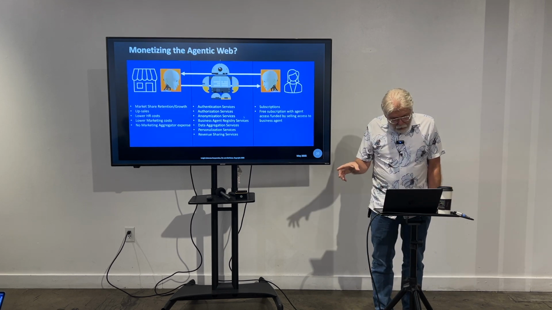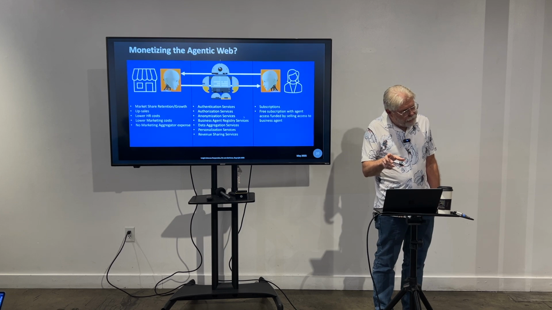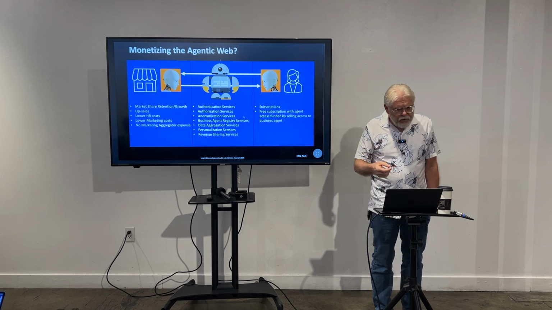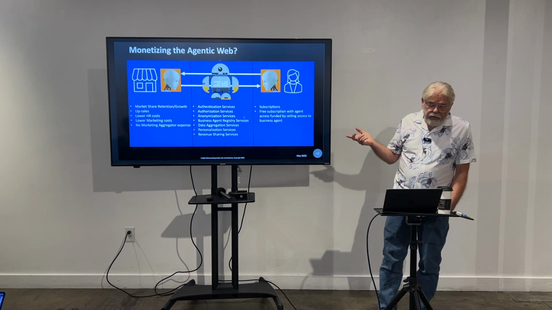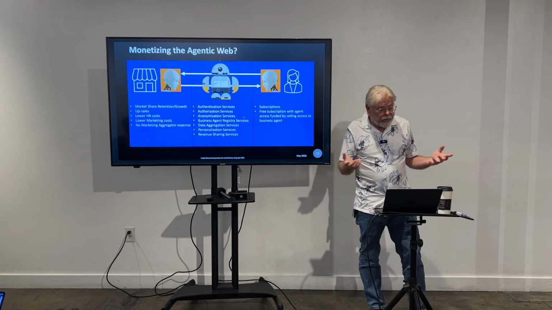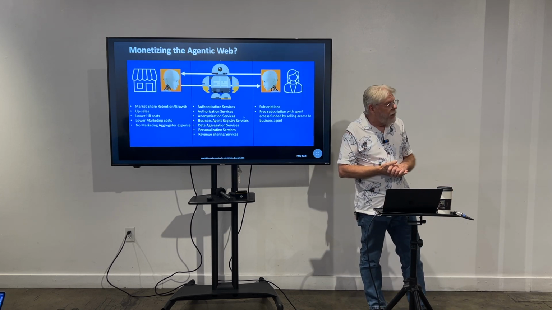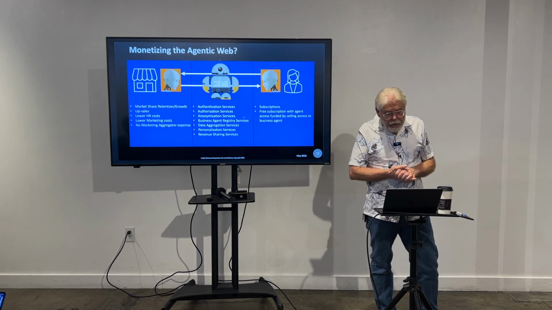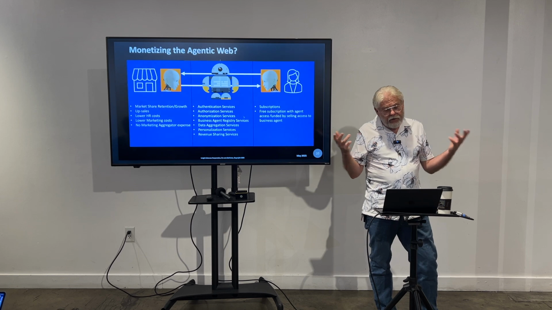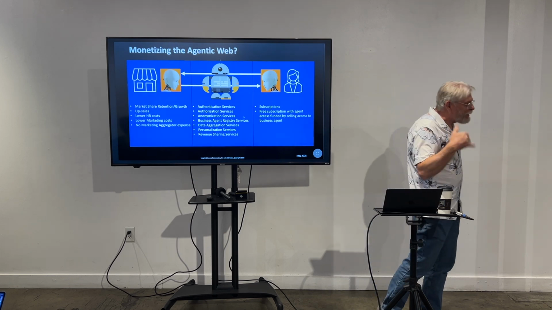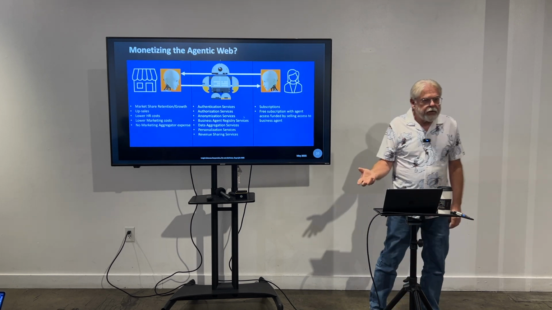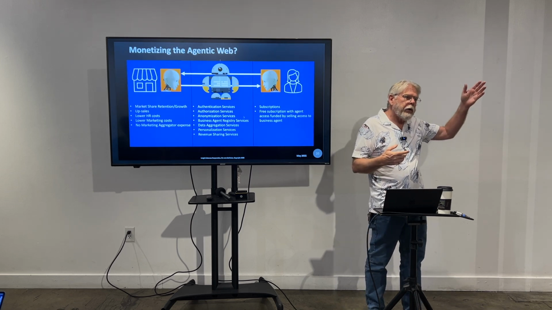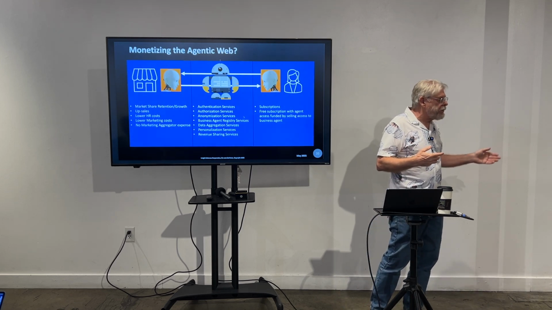And in the middle, there's a whole bunch of infrastructure that we're going to see develop over the years. We're going to have authentication services, because authentication is going to be a big deal in this agent to agent. You can imagine. Authorization, what can the agent do for you and on your behalf? The business agent, I'm thinking we need a central registry. You need a phone book. Who are you going to call, right? You need a phone book so your consumer agents know who to call for information on certain kinds of products.